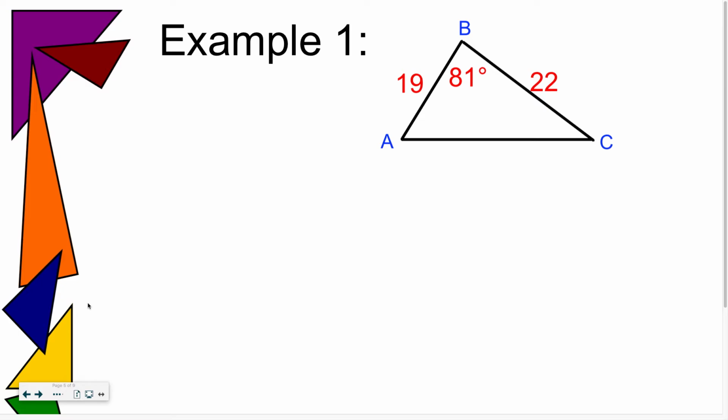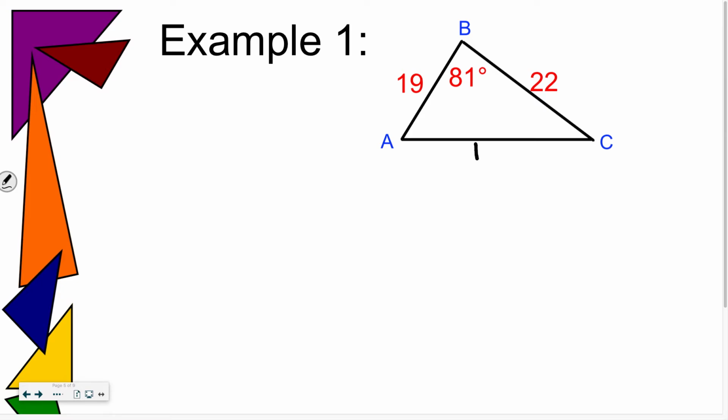Why would we not use law of sines? You have no pairs, right? You don't know an opposite angle and opposite side to match, so you have to use law of cosines. What should we solve for first?